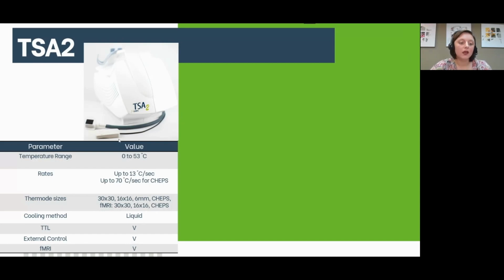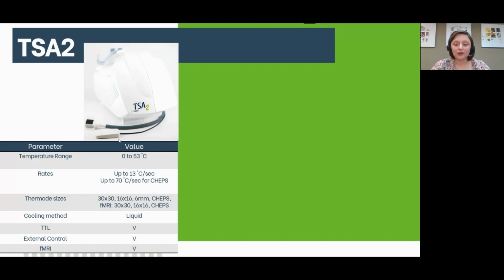It has different types of thermodes, 30 by 30, 16 by 16, and 6 millimeters, which we will also discuss, and Qsens. And there are thermodes that you can take into the scanner and work in an fMRI environment. This device is liquid cooled, so you need to fill the liquid from time to time.